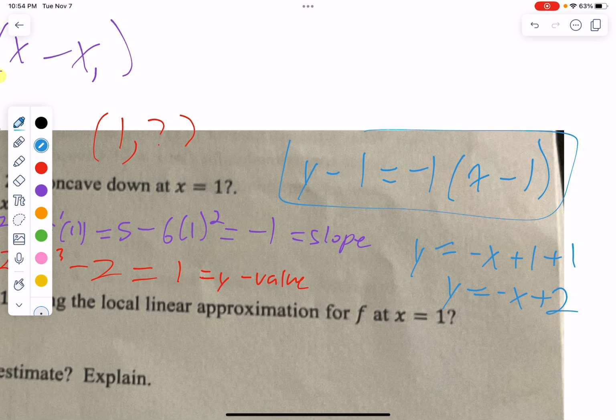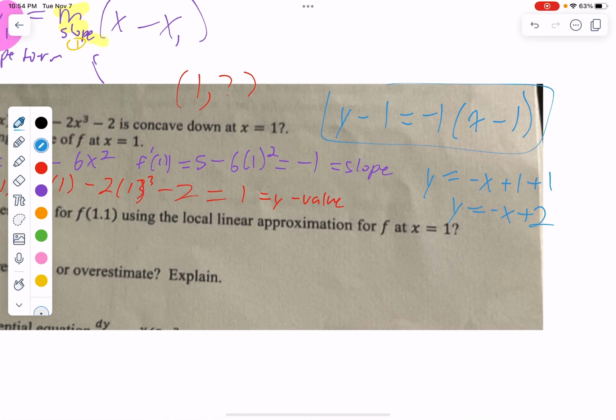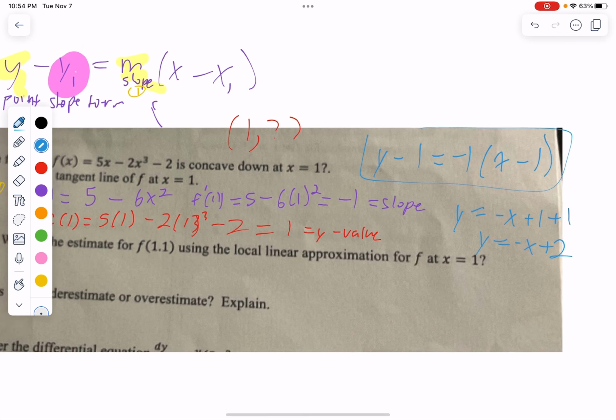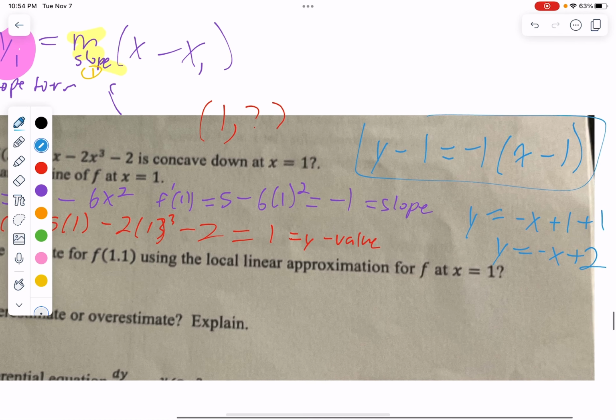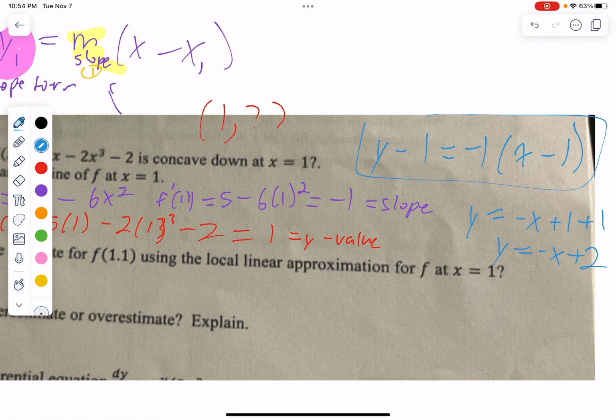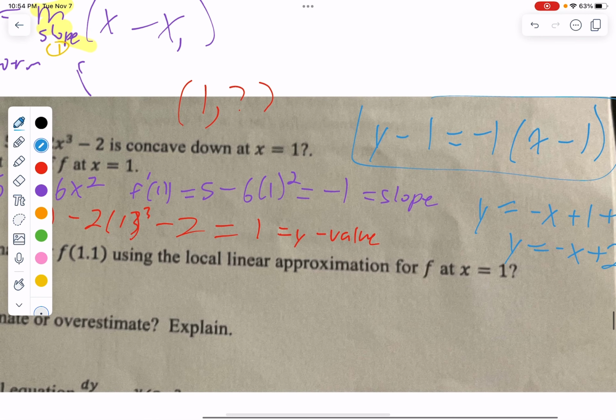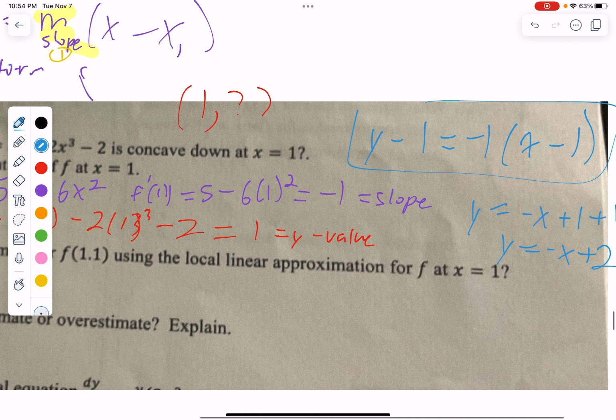Now, what is the estimate for f of 1.1 using the local linear approximation? You basically plug 1.1 into that equation.